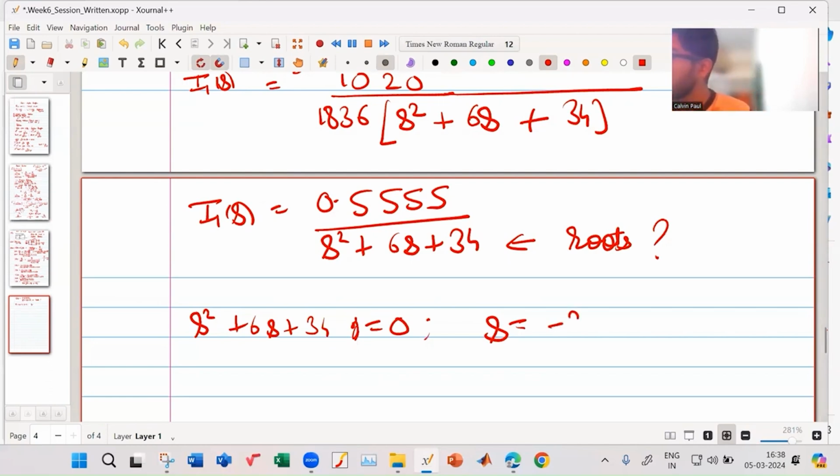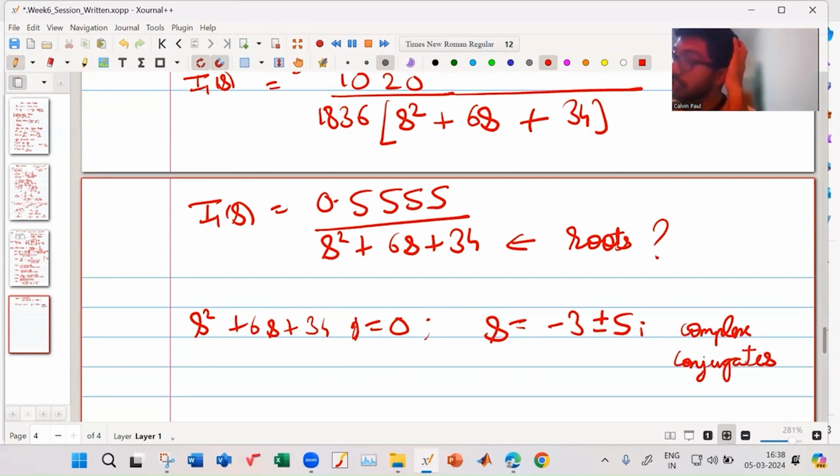You will get minus 3 plus or minus 5i. These are the two roots, and these are complex conjugates.